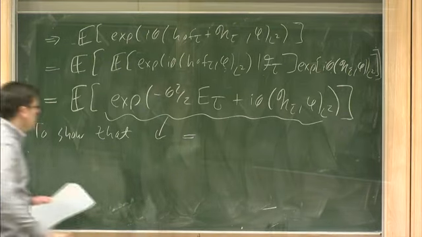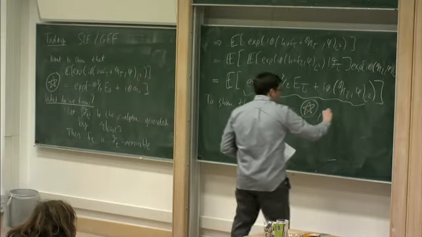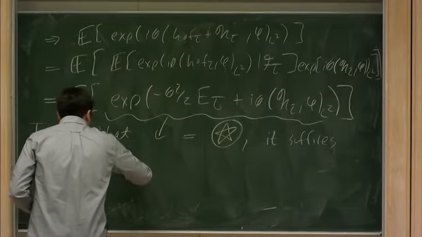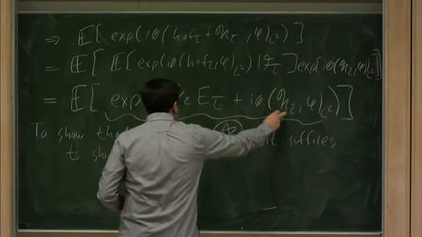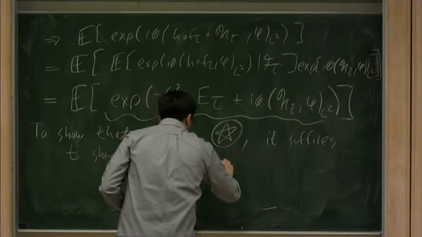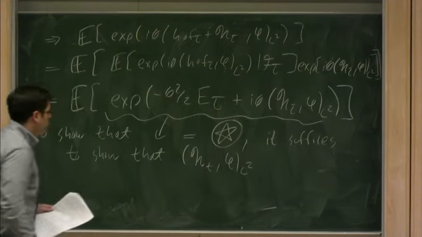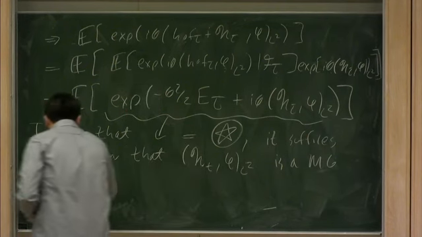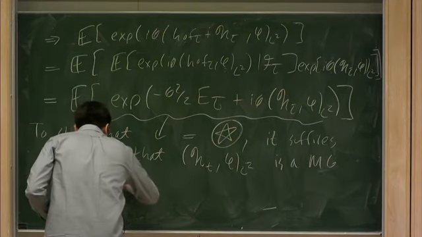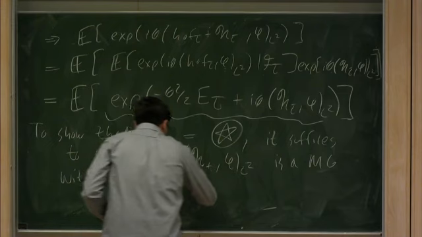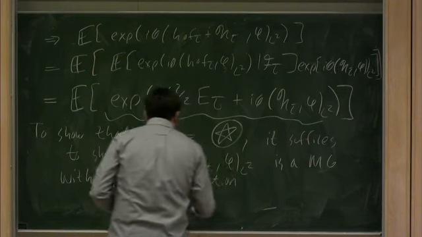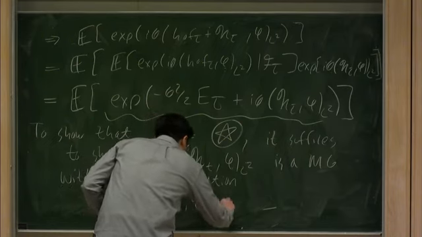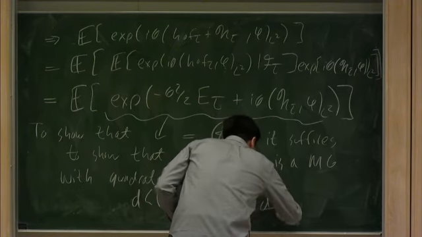What do you have to do? Well, it suffices to show that this first term, which is given by integrating h sub t against phi in the L2 sense, is a martingale with quadratic variation given by minus d e sub t.